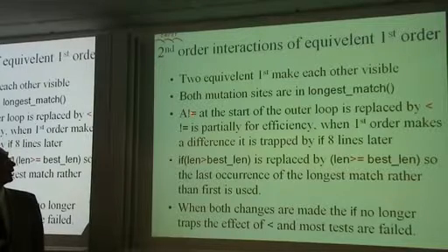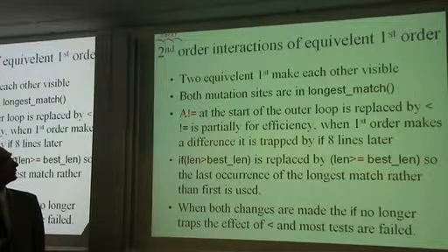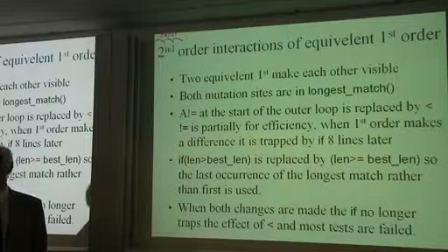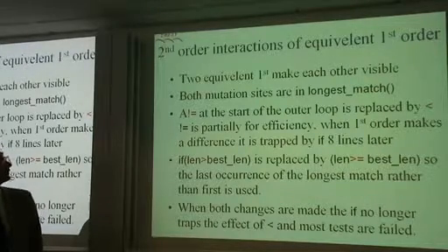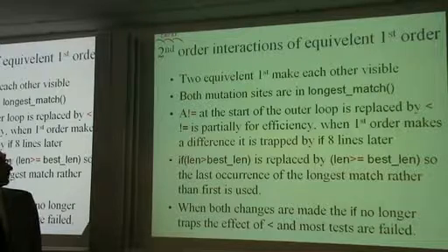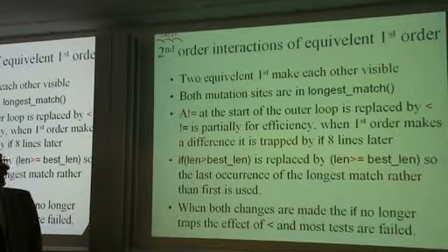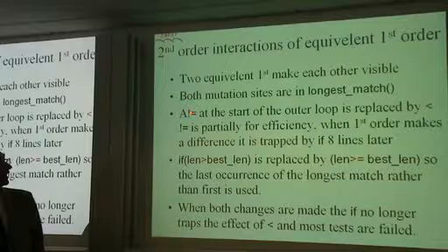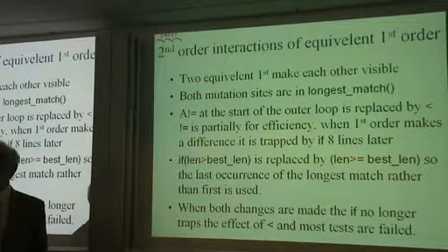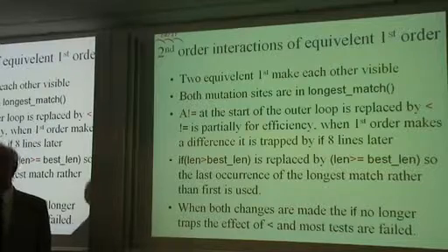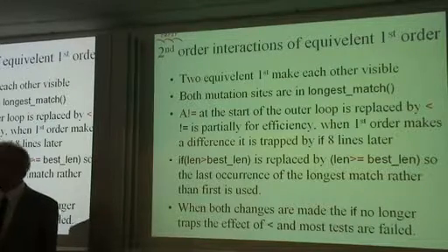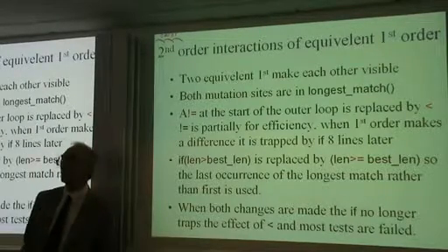But there are a number of cases where the not equals is comparing something negative with something positive, and that makes a difference. But if we just made that change, the difference would be trapped by code later on, and we wouldn't see the difference.